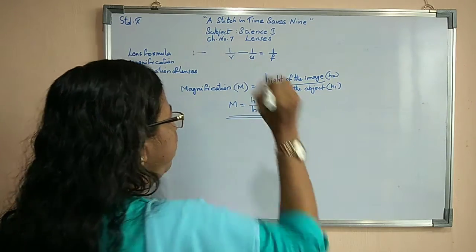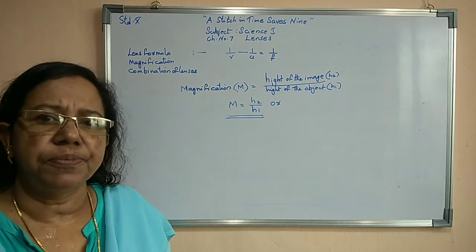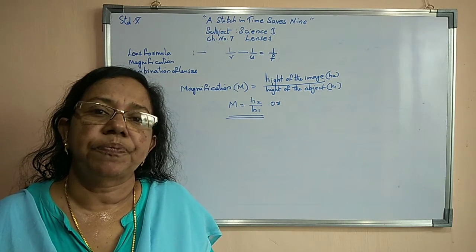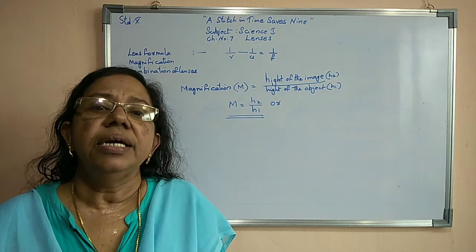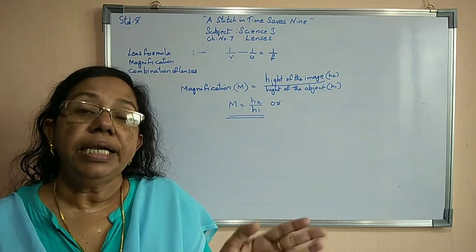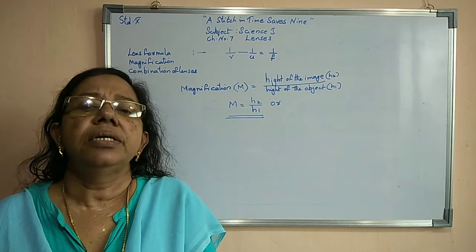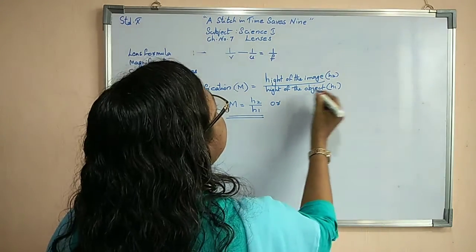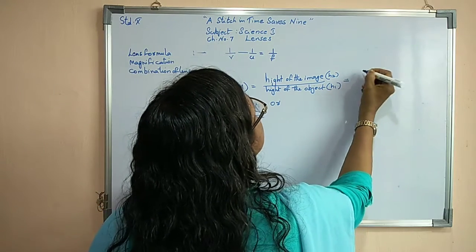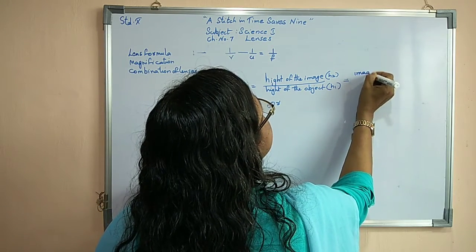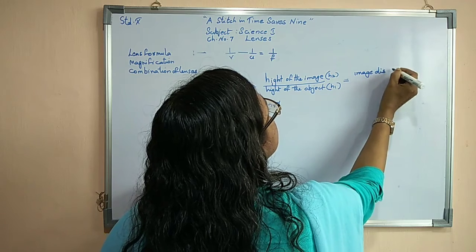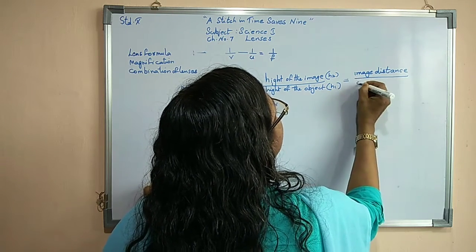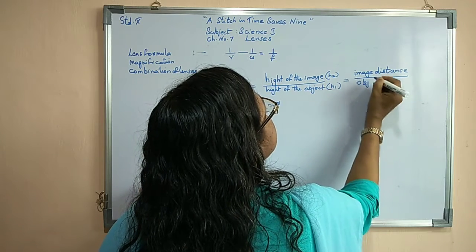Or one more way we can explain it. Magnification of a lens is the ratio of image distance to the object distance.